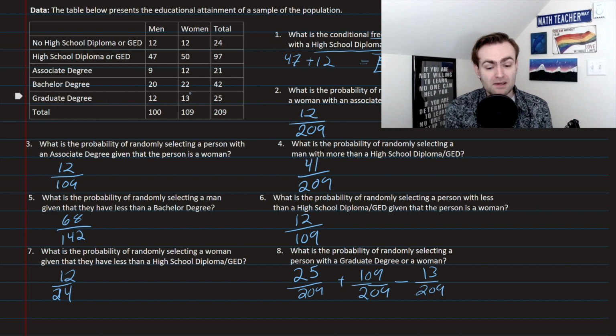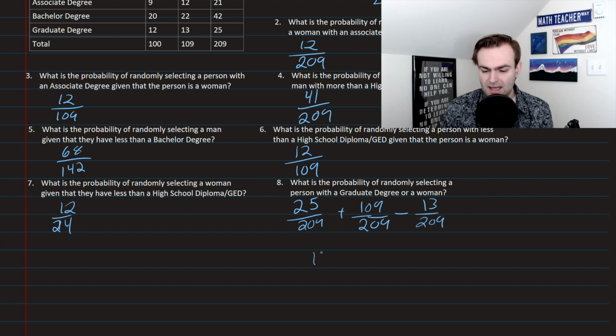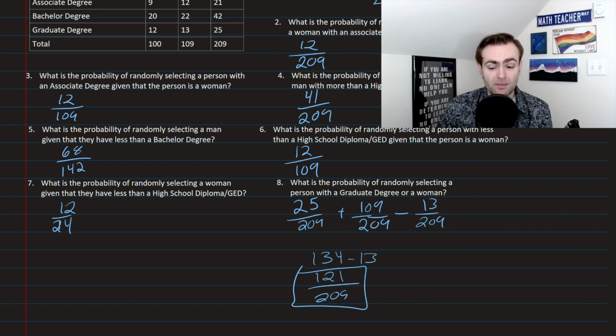So because we counted this 13 twice in the 25 and the 109, we have to remove it. Scratch that. 25 plus 109 would be 134. And if we subtract 13 from that, that gets us 121 out of the 209, and that would be our probability.